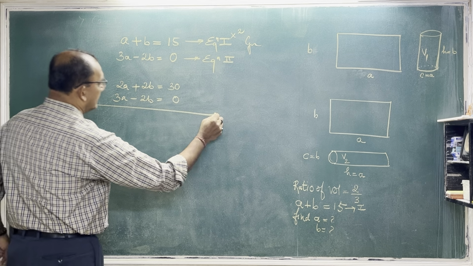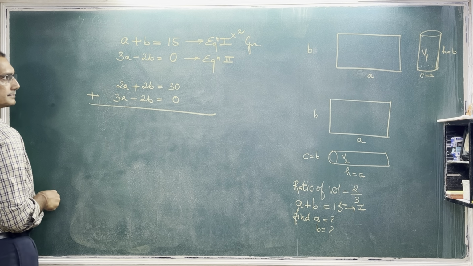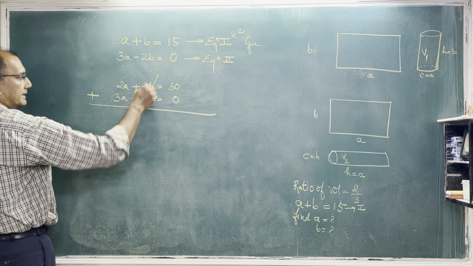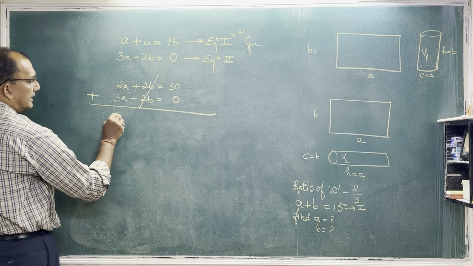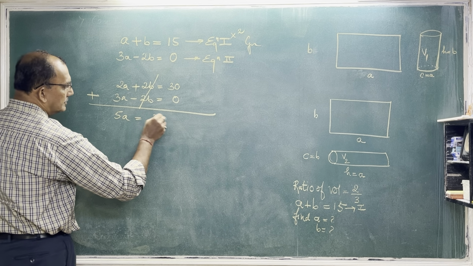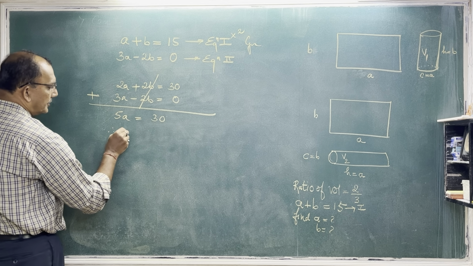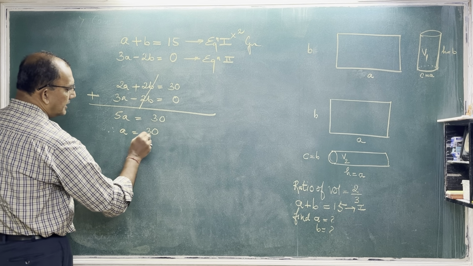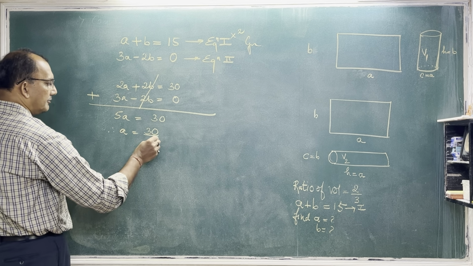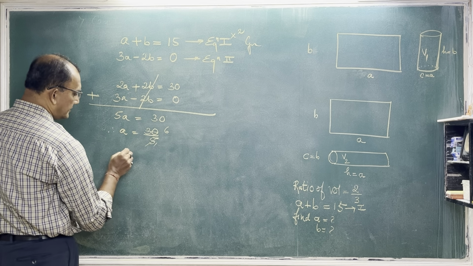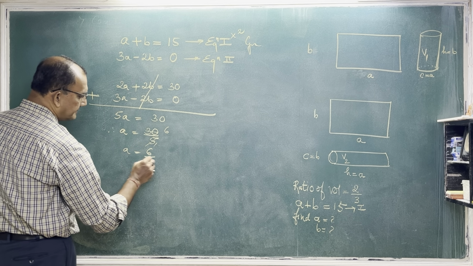Now, can I add up these two? So this will get cancelled. I'll get 5A is equal to 30. Therefore, A is equal to 30 upon 5. 5 sixes are 30, so A's value is 6.